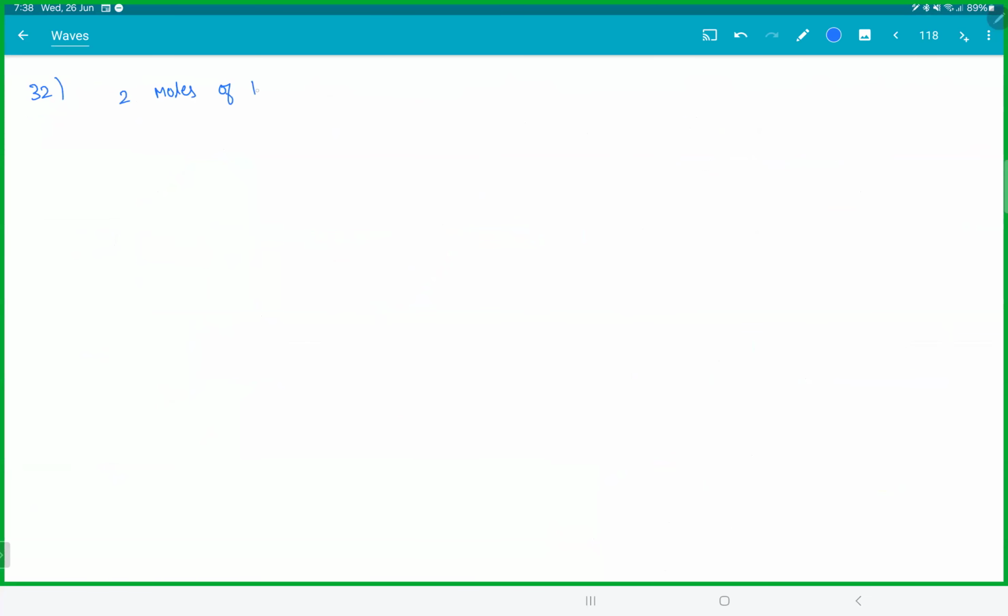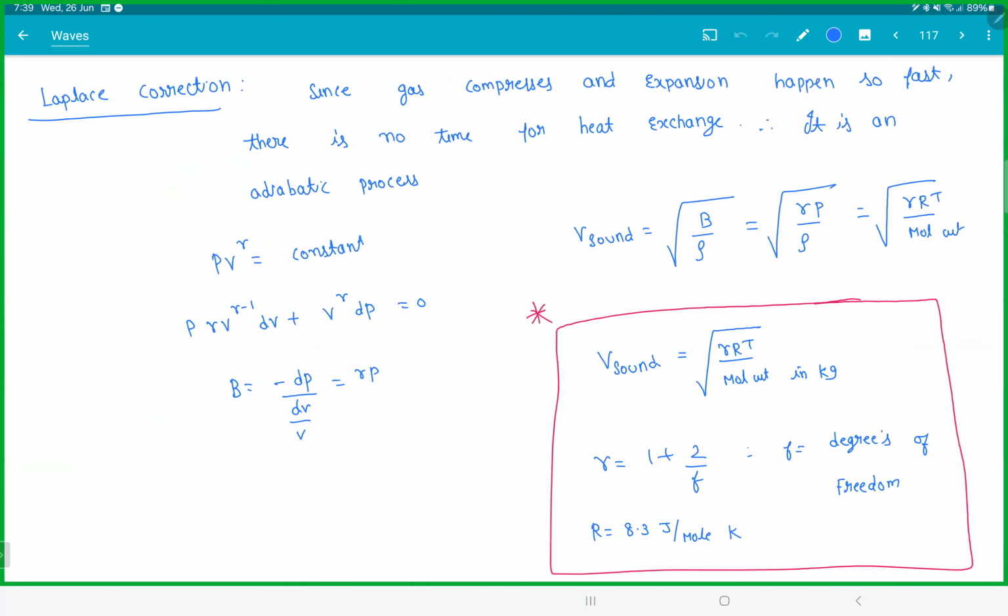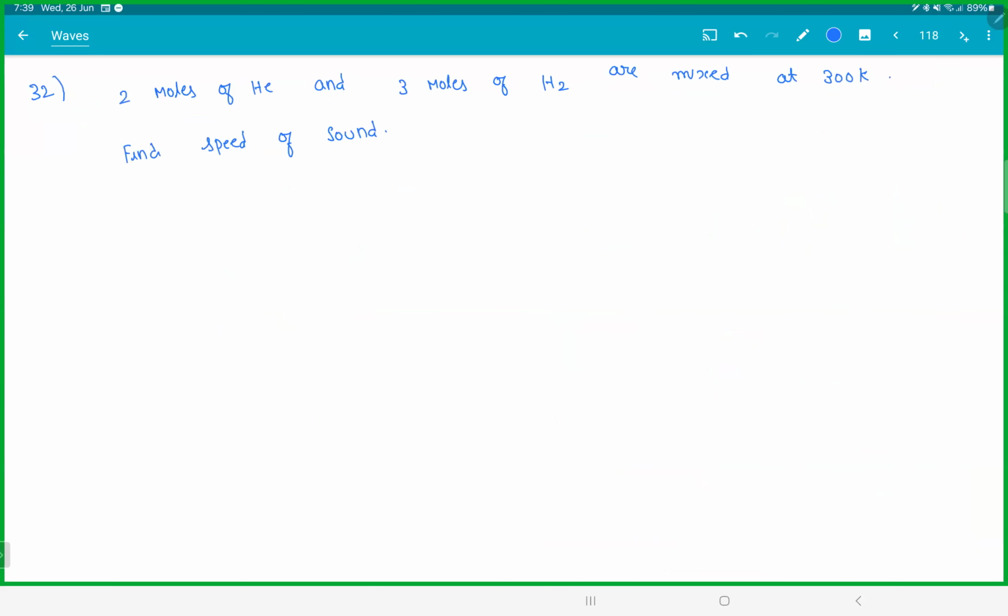Two moles of helium and 3 moles of hydrogen are mixed at 300 Kelvin. Find the speed of sound. Easy one, straightforward. So it's a mixture. This is the formula, root gamma RT by M. Gamma is adiabatic constant. Try.